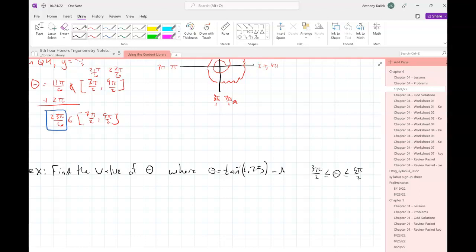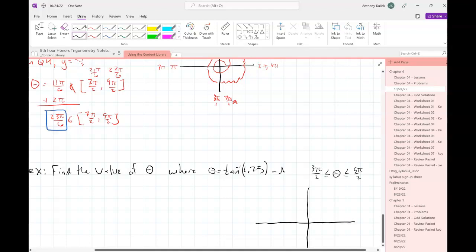All right, but we'll start the same way. We're going to start by figuring out what quadrants 3 pi over 2 to 5 pi over 2 lie in. So that's 1 pi over 2, 2 pi over 2, 3 pi over 2, 4 pi over 2 to 5. Let's change this, huh? I keep giving the same spot. Doesn't really matter.